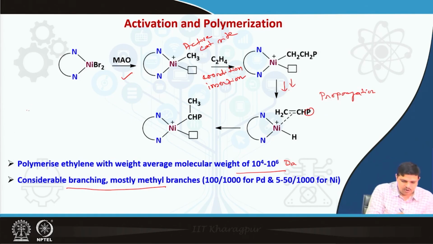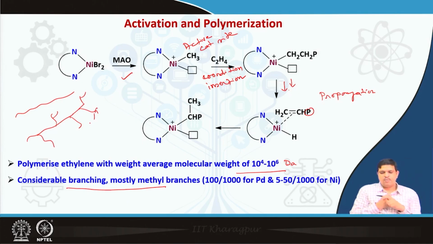This is the linear polyethylene, and if you need quite good branching, this kind of catalyst will be perfect, because it can induce considerable branching. It is about 100 per 1000 ethylene units for palladium, and for nickel it is up to 50 per 1000 ethylene moieties.